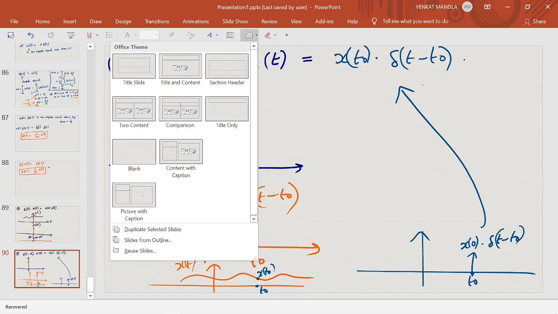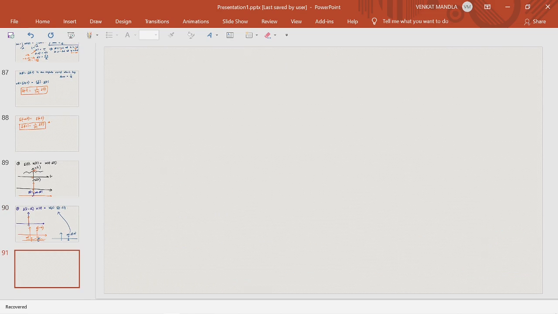The next property, the fourth property, that is del dash of at, where del dash means d by dt of del of at.